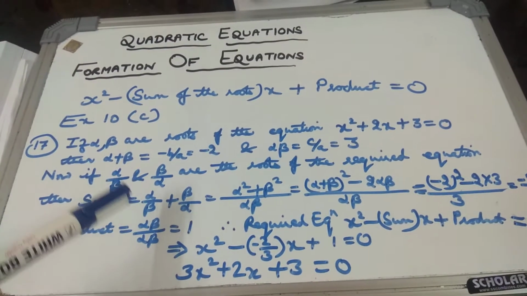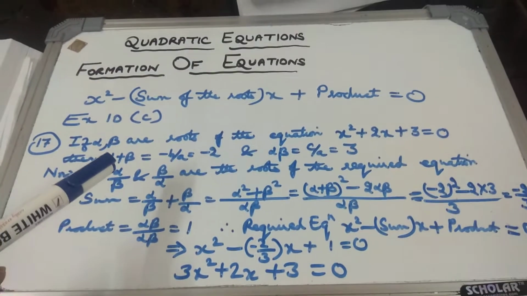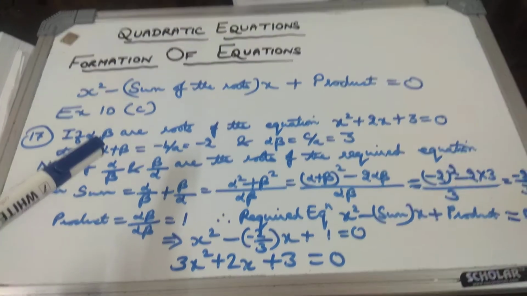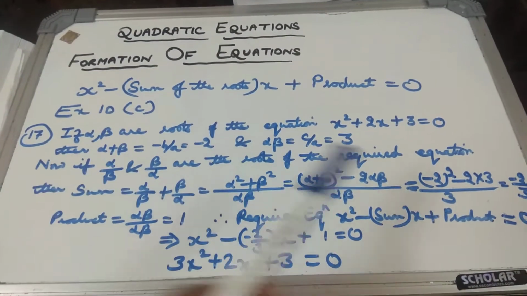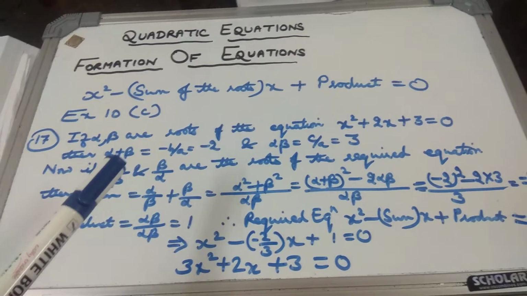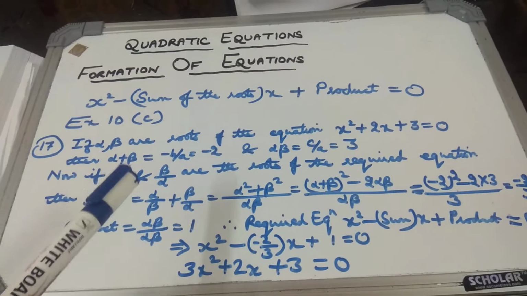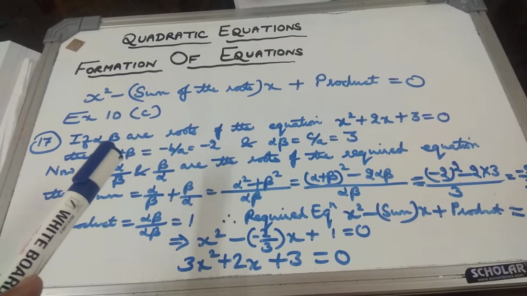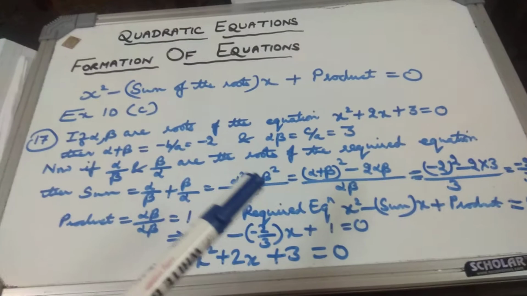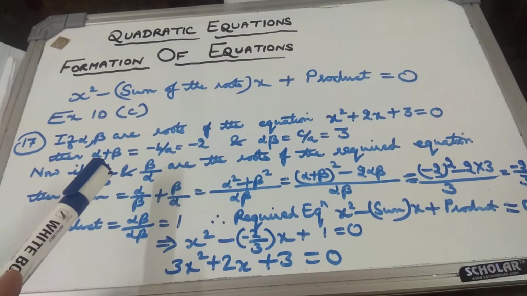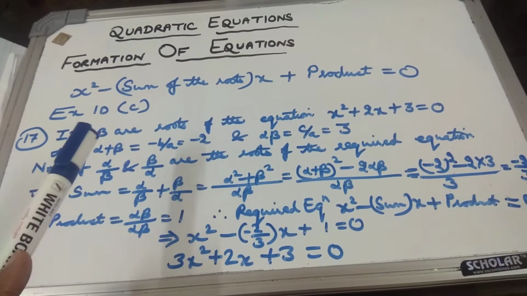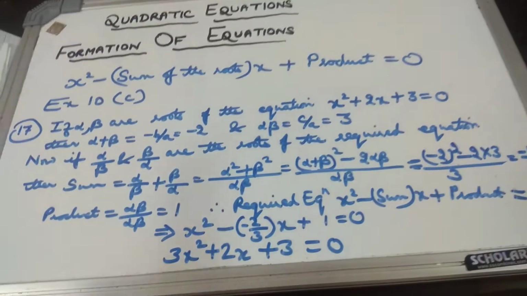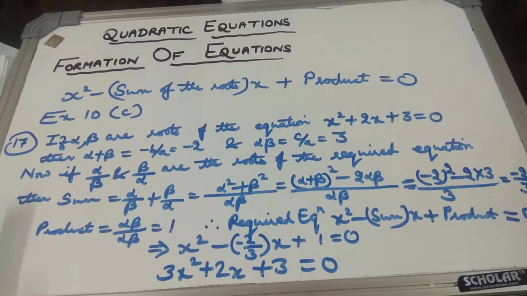Now what you will do here, children, first and foremost, obviously, if an equation is given to you, you can always write two relations, that is, the sum of the roots and the product of the roots. So the sum of the roots here will be alpha plus beta, because alpha, beta are the roots of this equation, already mentioned in the question.